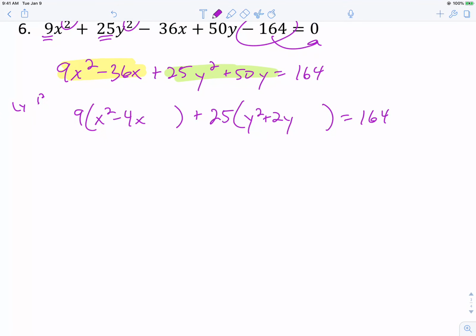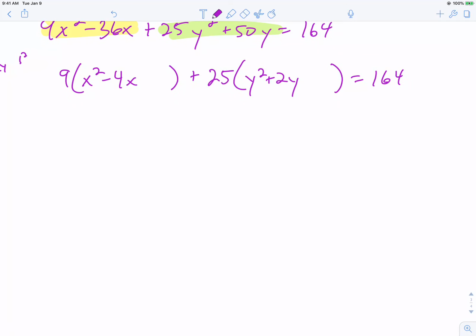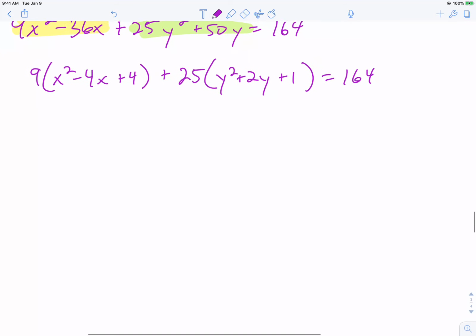And now I want to complete the square to make this a perfect square trinomial so that I can factor it. I'm not going to review how to do that, I'm just going to do it. You remember it from Honors Algebra 2, I am sure. So I add 4 here, I add 1 here. And then I have to add the same things on the other side.